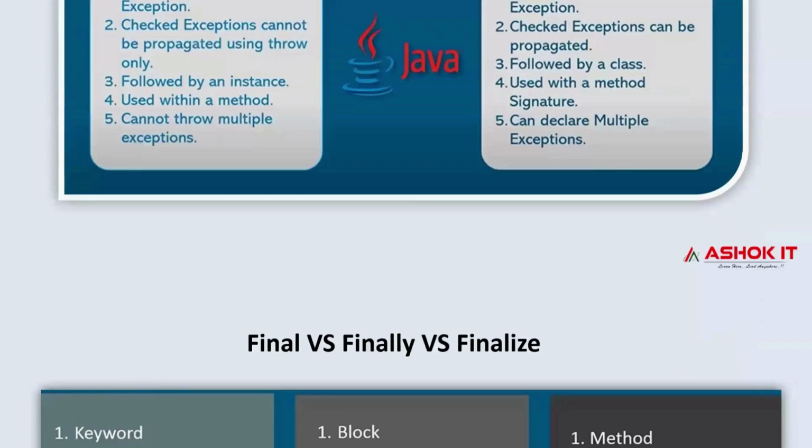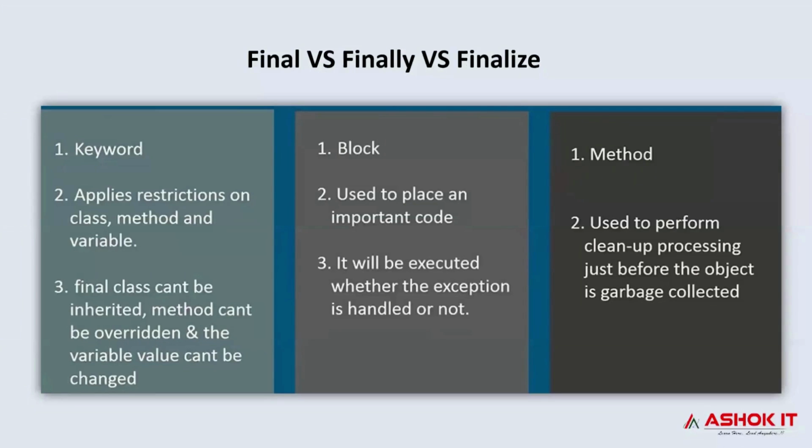So let's check next. We'll see the difference between final, finally, and finalize. Final is a keyword, finally is a block, as we saw, and finalize is a method. Final is used to apply restrictions on classes, methods, and variables. But finally is used to place important code.